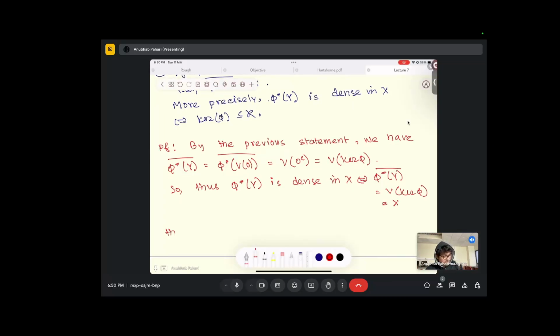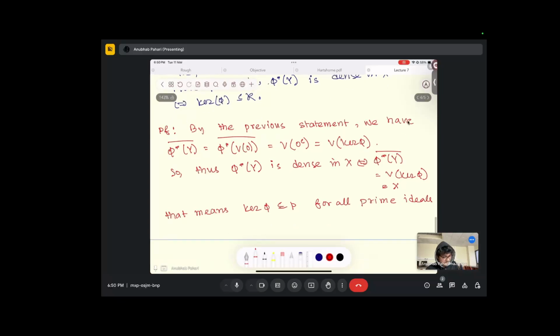That means ker phi belongs to P for all prime ideals P. This means that ker phi belongs to your nil radical, right?